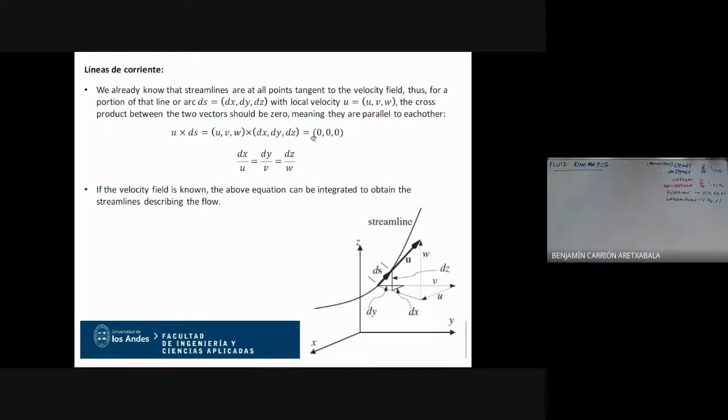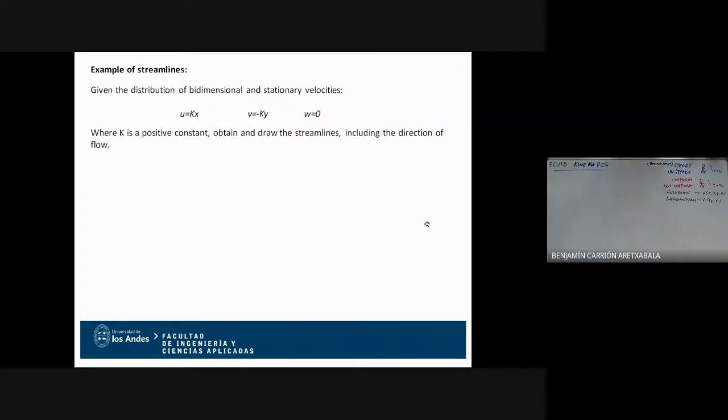You need to compute this cross product and equate each component to zero, in the x, y, and z, or i hat, j hat, and k hat directions. Here's an example. If you know the velocity is this function, what's the distribution of the streamlines?